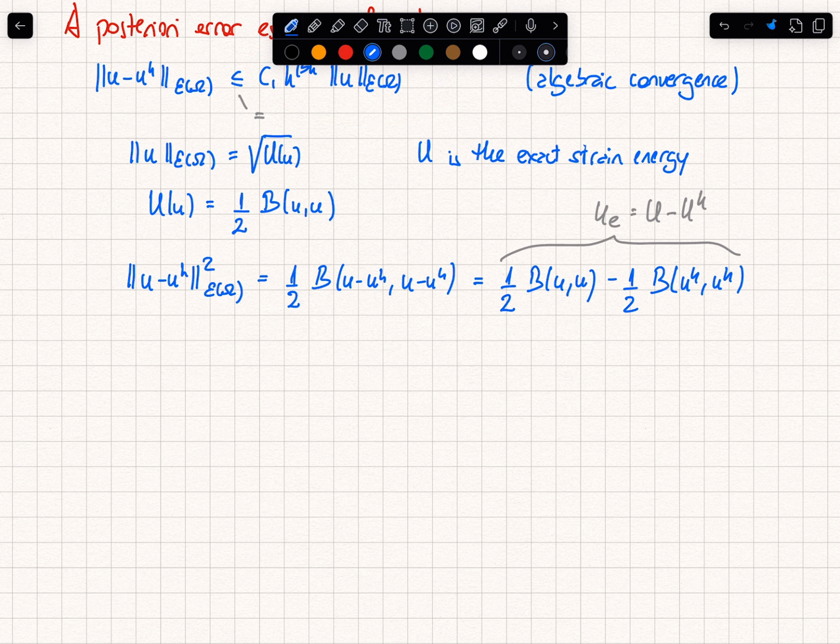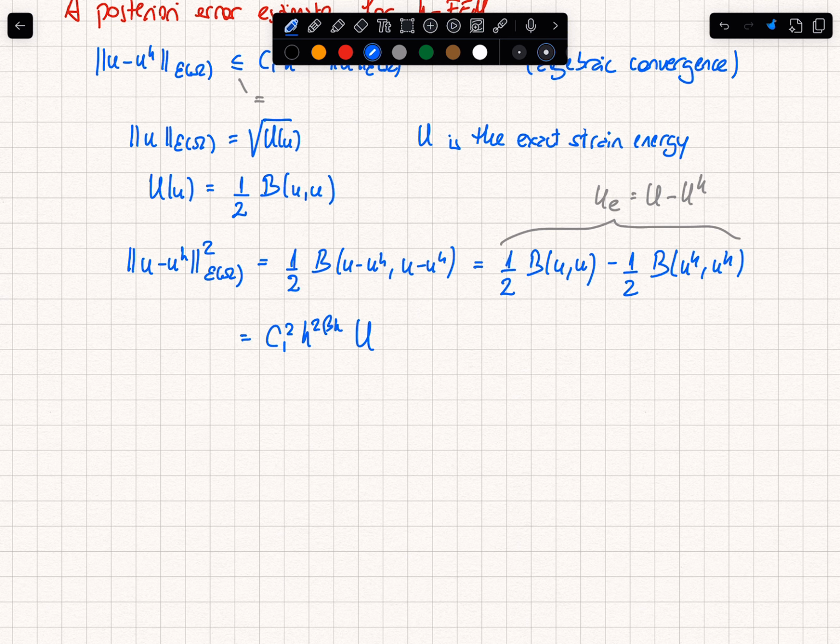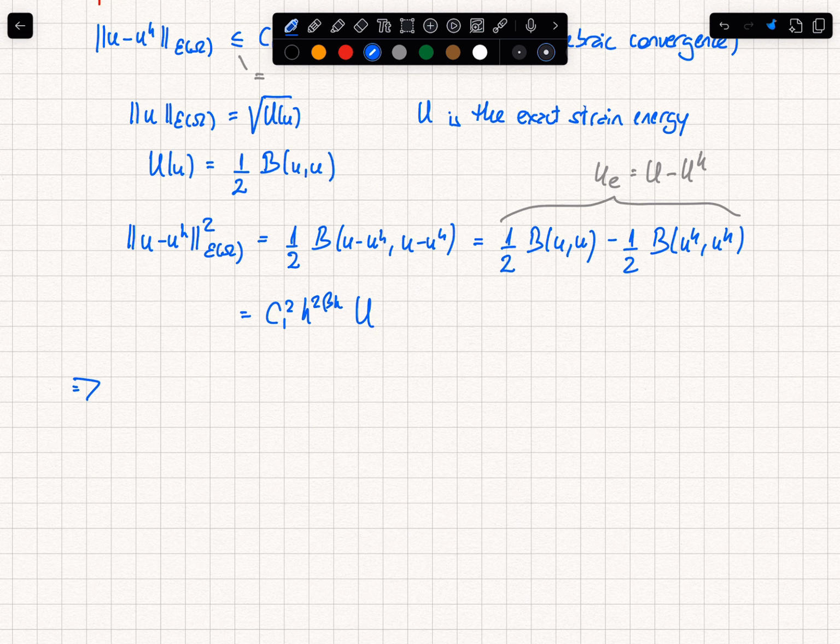So this whole expression is going to be equal to C1 squared H to the power of 2 beta H U. Okay? And so we have one expression that says U minus UH is equal to C1 squared H to the 2 beta H U.